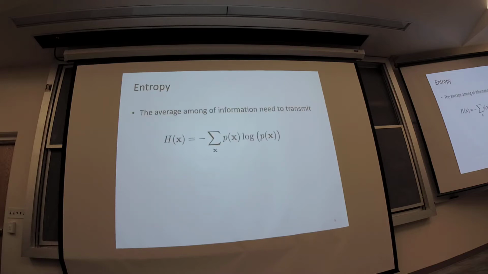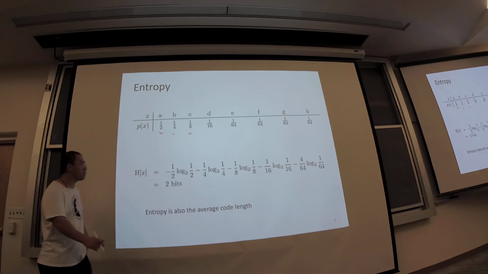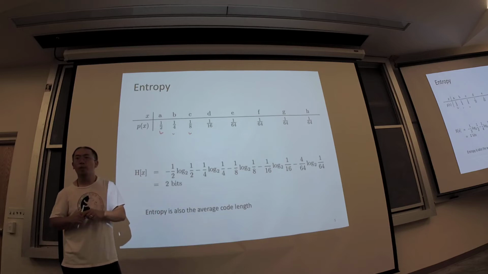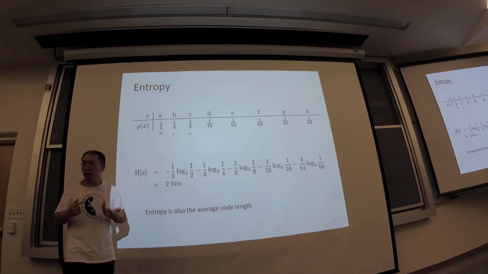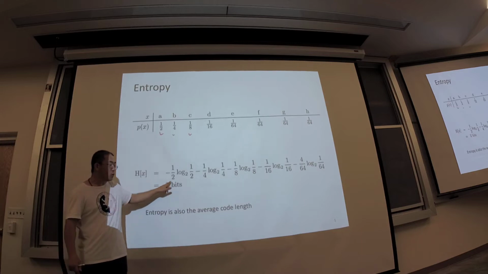And here we take the base as 2 because we want to use 2 digits to code a random variable. That's only meaningful for coding theory, when you want to design some code. But in our scenario, you can choose whatever base. And finally, you end up with 2.